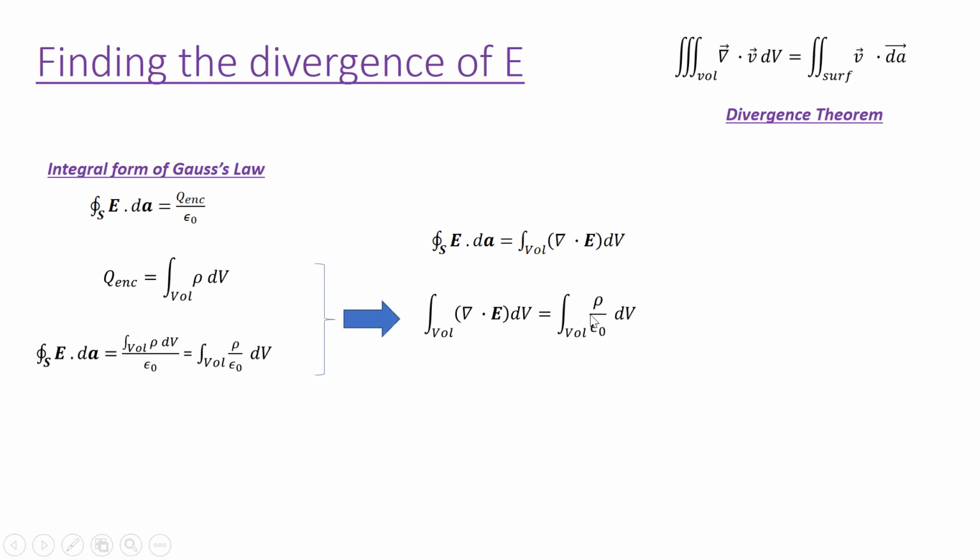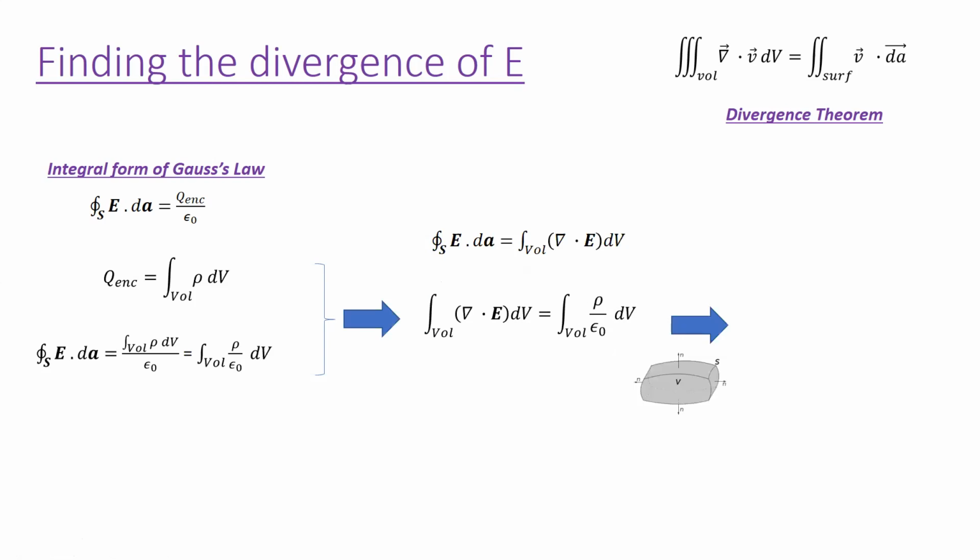Okay, and the key idea is that this is true over an arbitrary volume and an arbitrary distribution of charge. The only way that can be true is if the integrand, the divergence of E, is equal to the integrand, rho over epsilon naught.